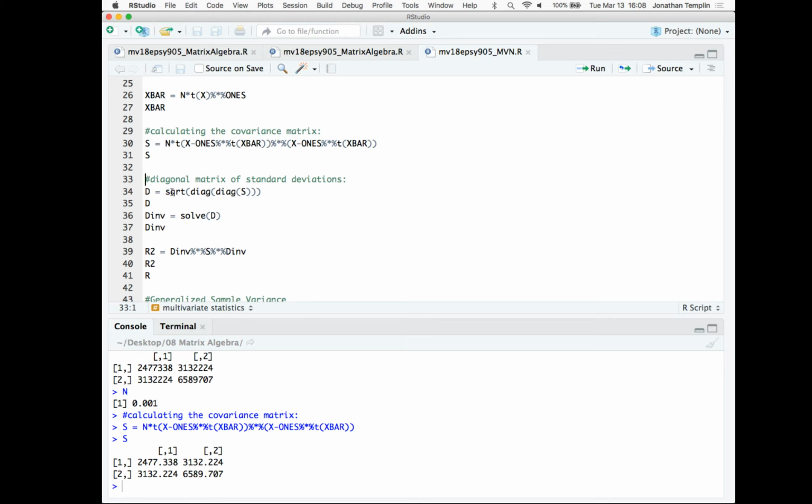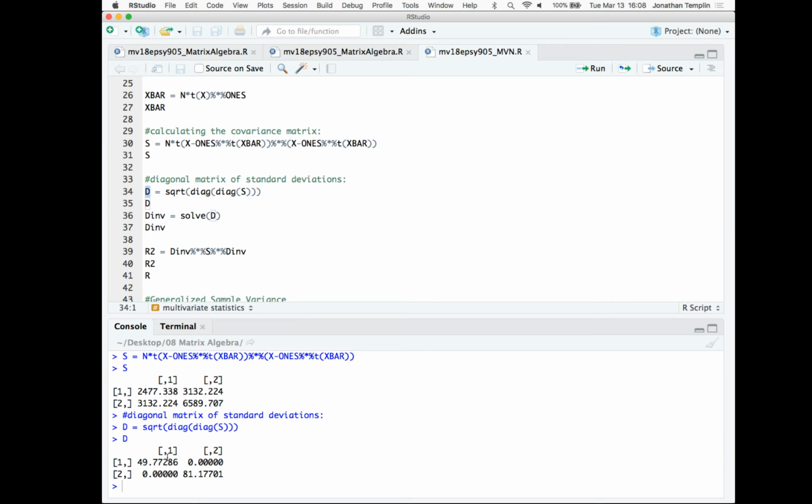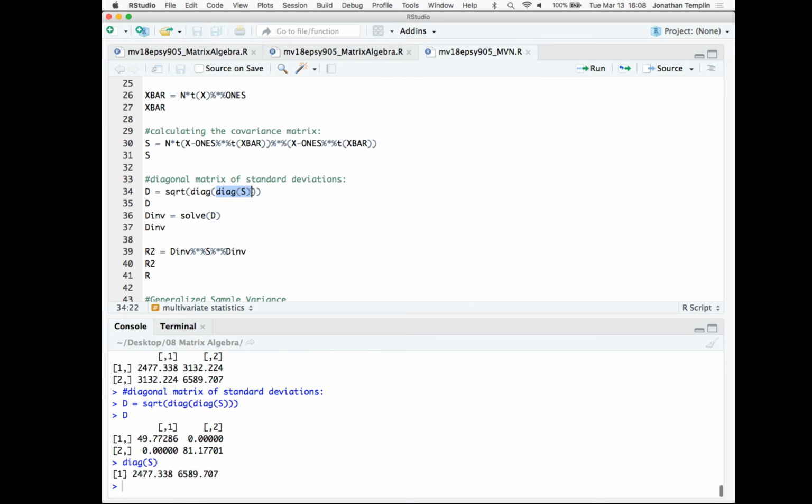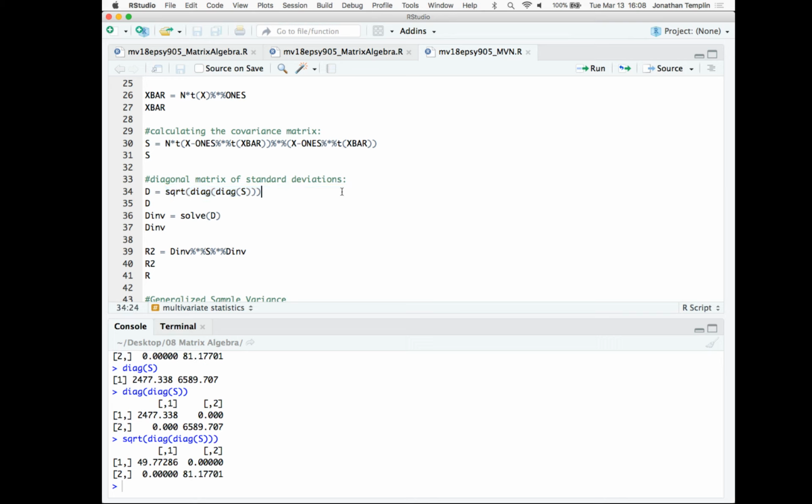Here, I'll just show you. Here is D. D is the diagonal matrix of standard deviations. It's literally the diagonal of S. Diag of diag puts it in a matrix, and the square root of that, because S was a variance, gives us standard deviations.